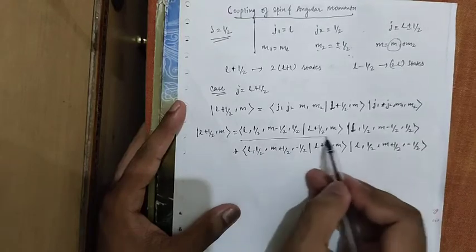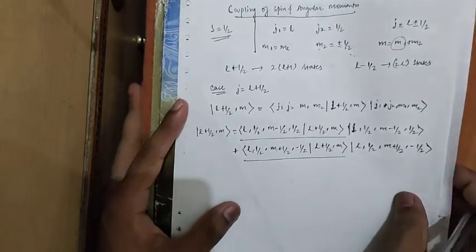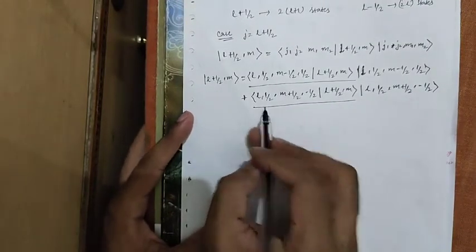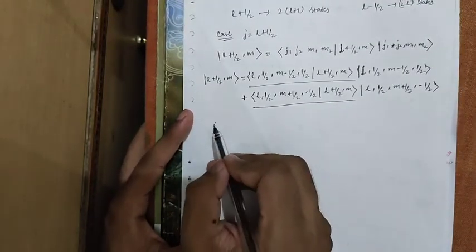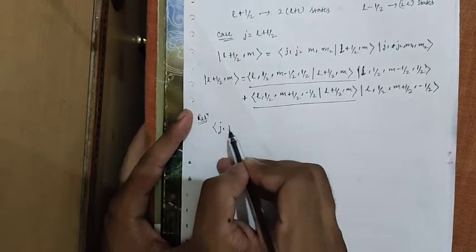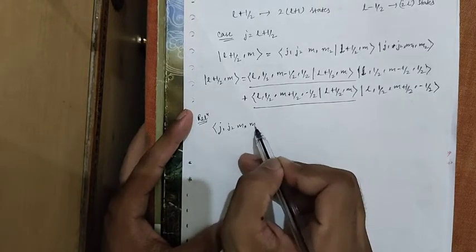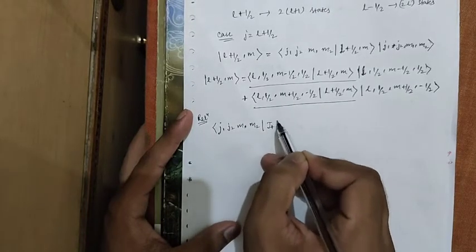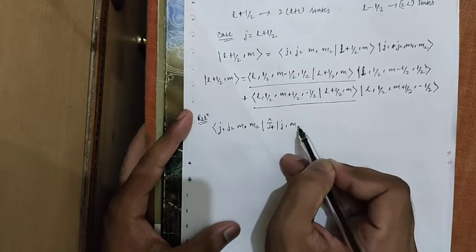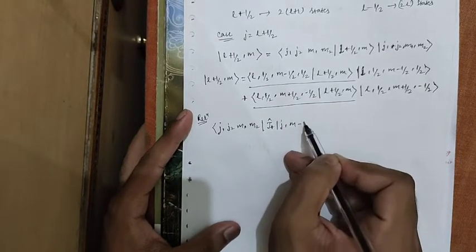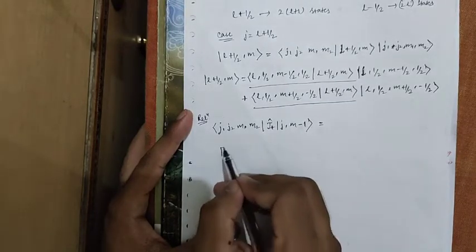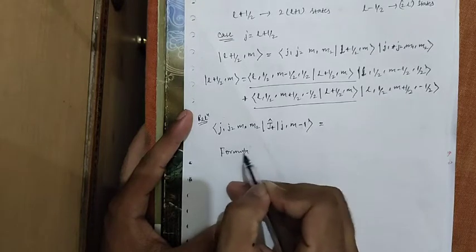Now to know these coefficients, we will use a relation: when the j plus operator acts on the state jm, first let me tell you the formula for this.